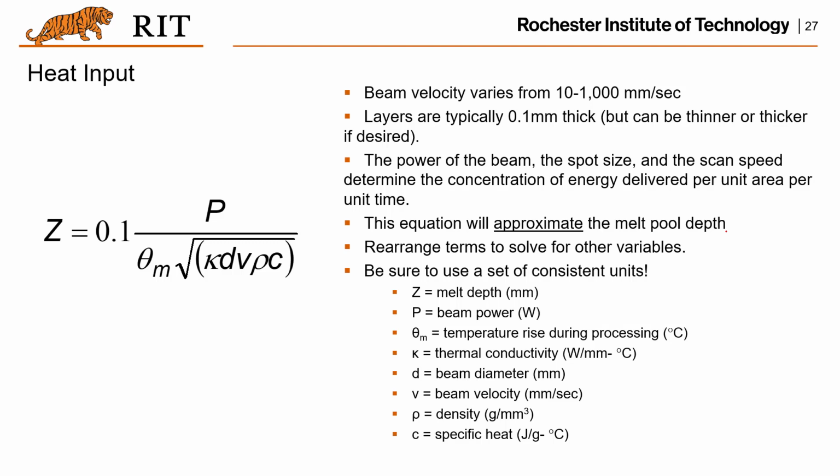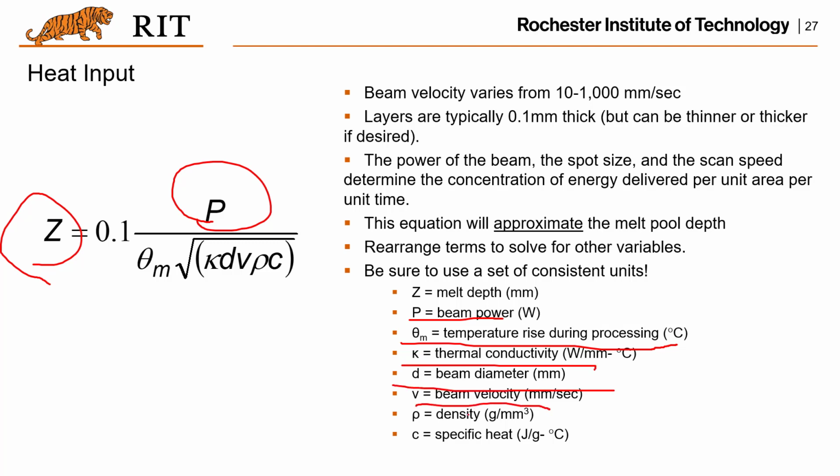So here gives you an equation about the depth of the melting pool, or we use Z to represent this melting depth. What you need to know is the beam power, the temperature rise during the process, and also the thermal conductivity, beam diameter, beam velocity, density of the material, and the specific heat.